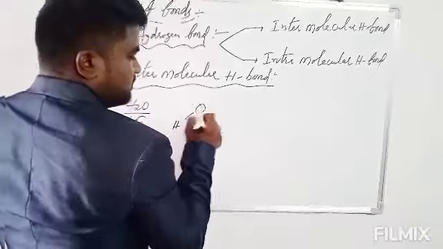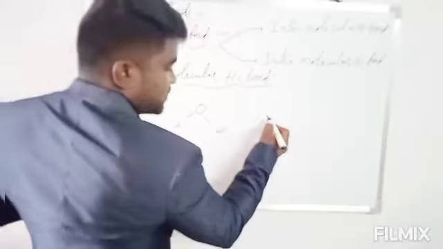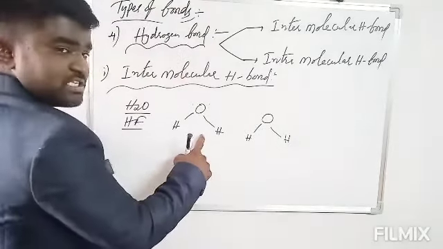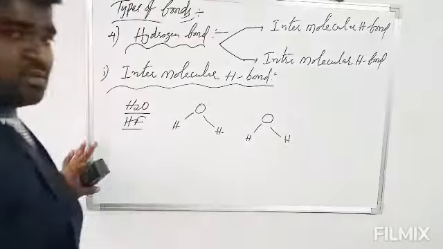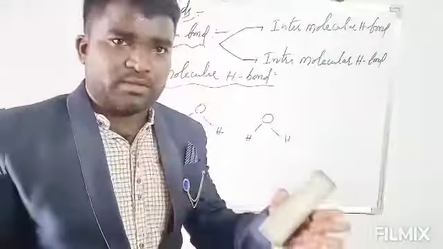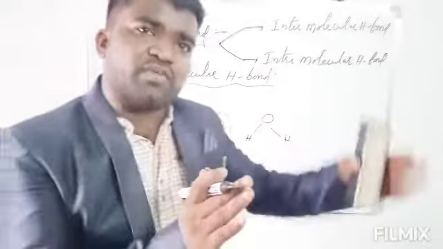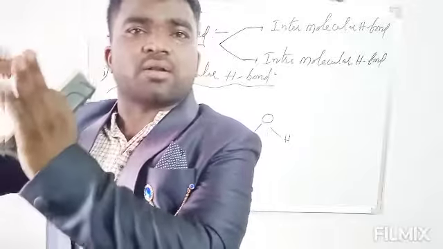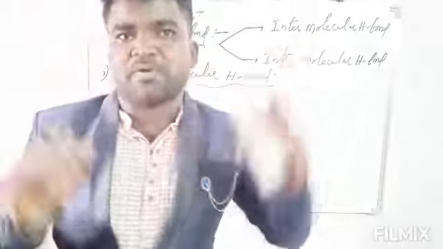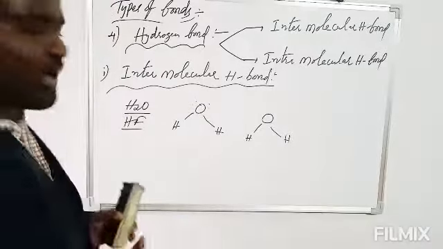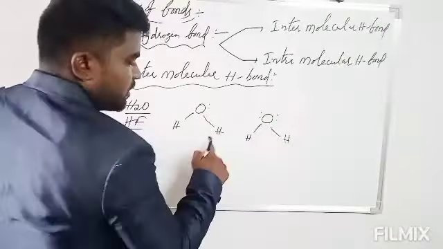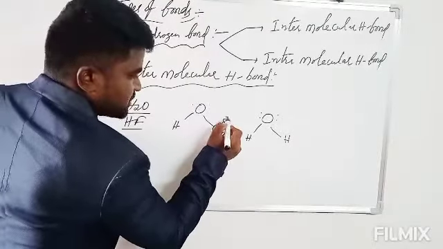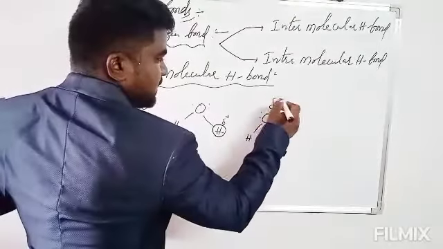Now like that, a second water molecule is also there. This is one molecule, this is another molecule, meaning a different molecule. The hydrogen of one molecule forms a bond with a highly electronegative atom of another molecule. That type of bond is known as an intermolecular hydrogen bond. For example, these two are water molecules. Here hydrogen is slightly positive, and here oxygen is slightly negative.